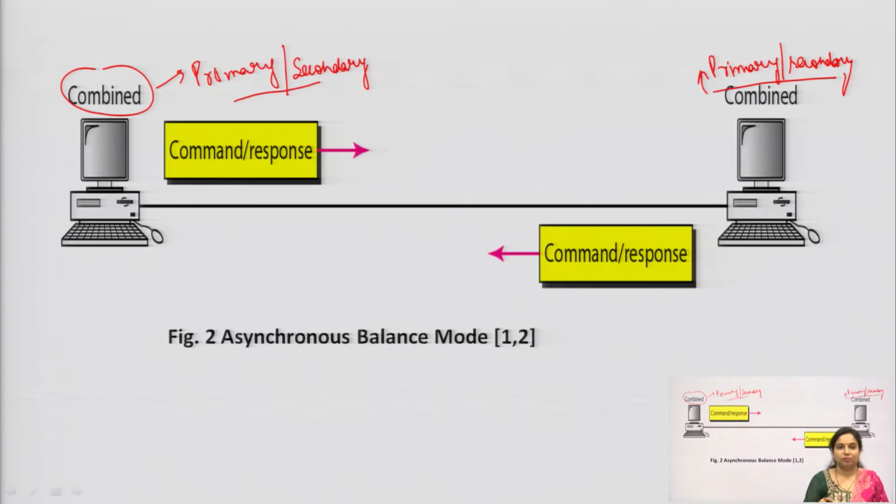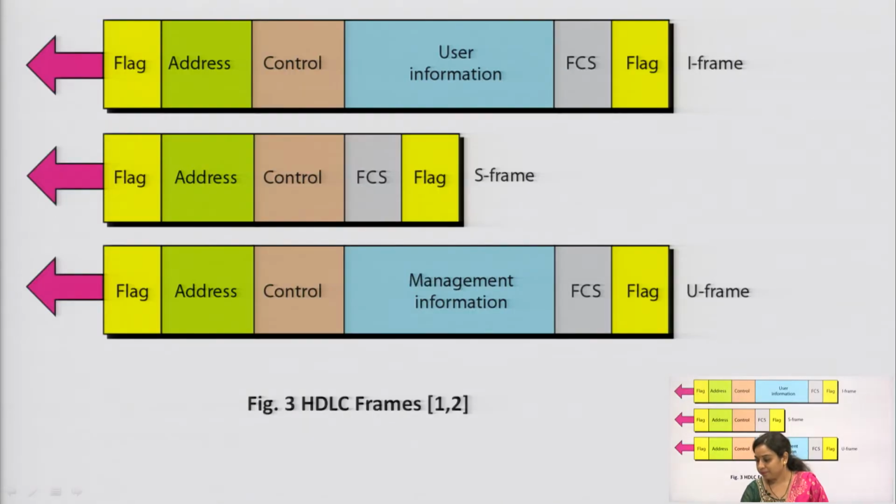So, this is how the work will be set up in this asynchronous balanced mode, means balancing is being maintained for the purpose of transmission, so that the communication will take place with a better quality, and if one device is working as a primary, then automatically the second device will work as a secondary device.